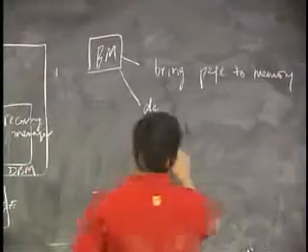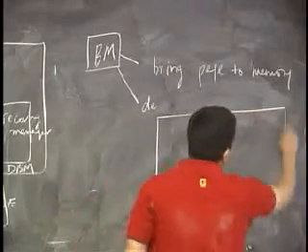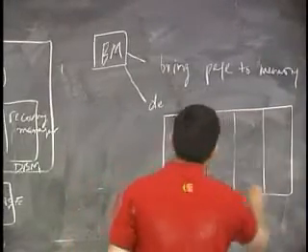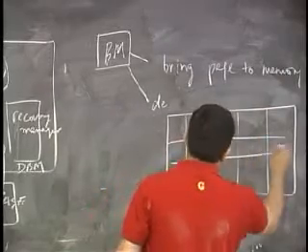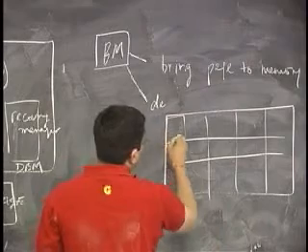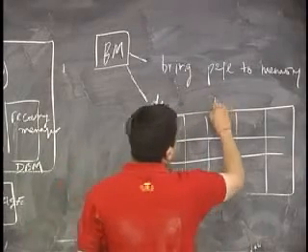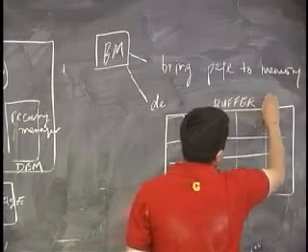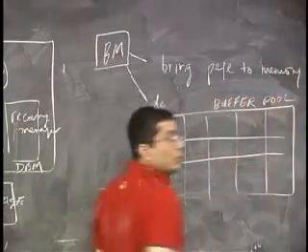What it does is it will create this memory and divide it into the size of the page, and this would be called the buffer pool.